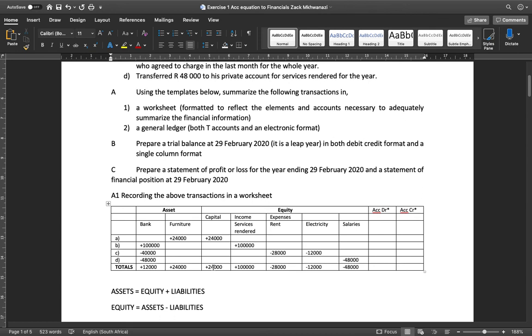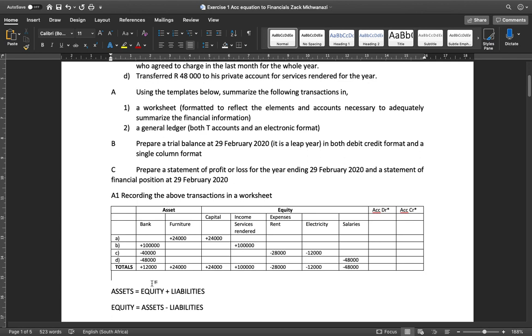If I look at my equity, it's 124 minus 28, 124 minus 28 minus 12 minus 48 equals 36.